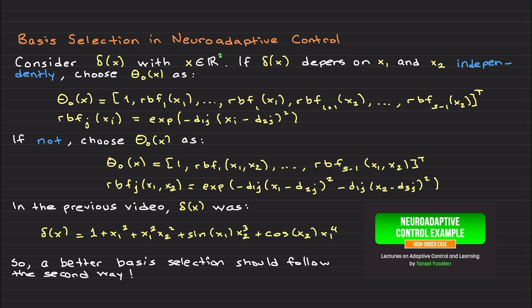You can choose the basis function like we did in the previous video, meaning that you have the bias and an independent set of basis functions that depends on x1 and an independent set of basis functions that depends on x2, where you basically use RBF, radial basis functions, with width adjustment and center adjustment.